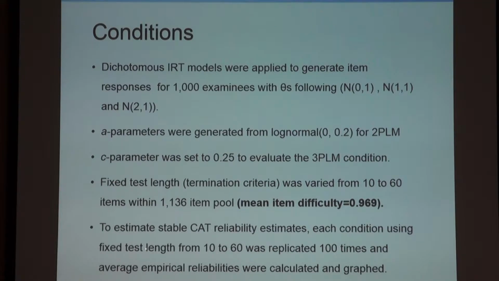To estimate stable CAT reliability, each condition, each test using fixed test lengths from 10 to 60, was replicated 100 times. It takes a long time to run this kind of simulation on my computer, I think about one week. The average empirical reliability was calculated and graphed. This is the condition.